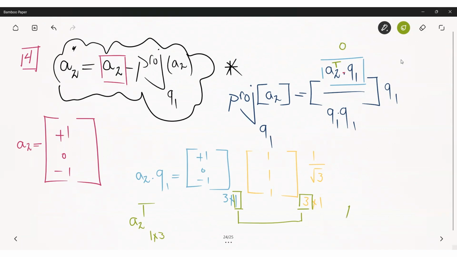Then it means that the projection of A2 along Q1 becomes 0. Then the second term here becomes 0. Then A2 prime, in this case, becomes A2 itself, because the projection along that becomes 0.